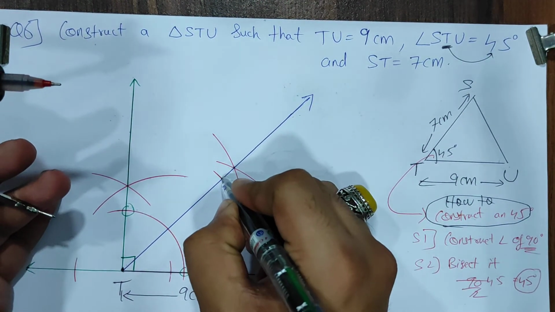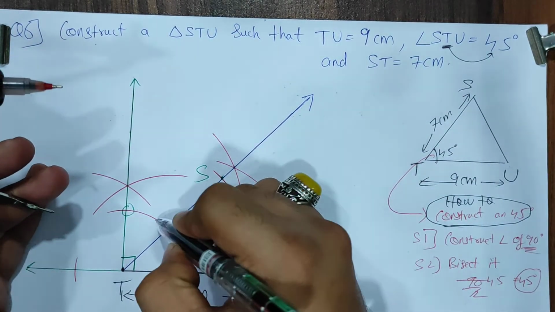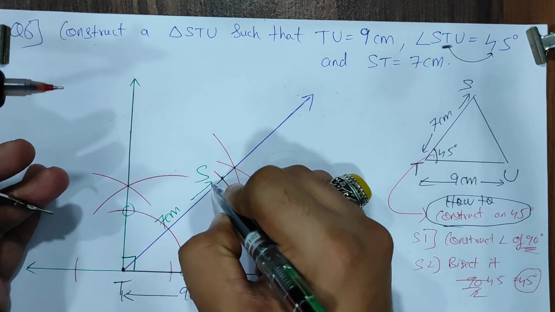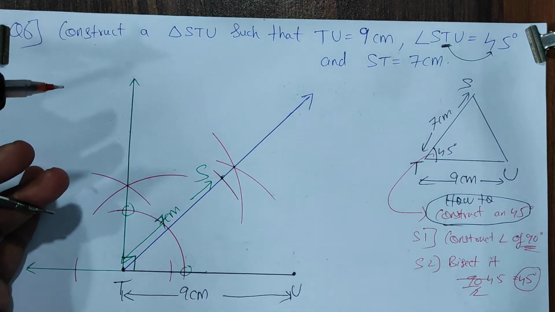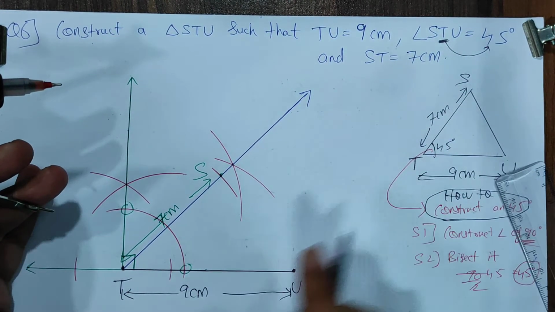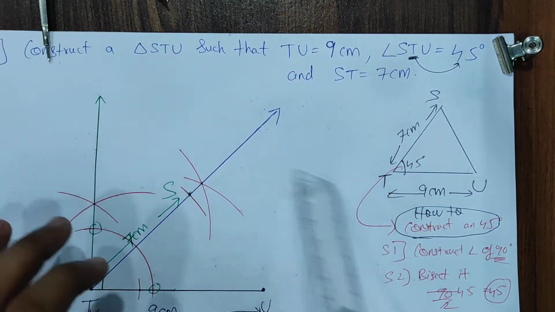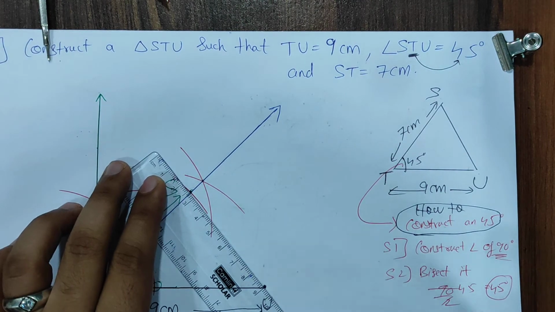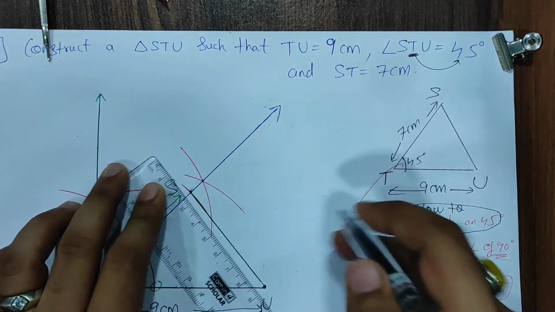This point will be acting like point S for me, because this is 7 centimeter. This is point S. This is point T. This is point U. We'll just have to connect this S and U, all of you. Okay, I have connected this point S and U.